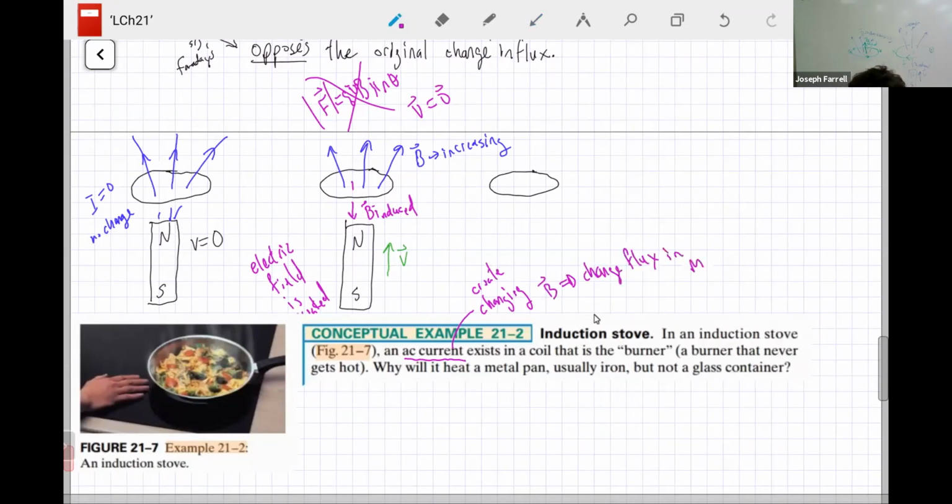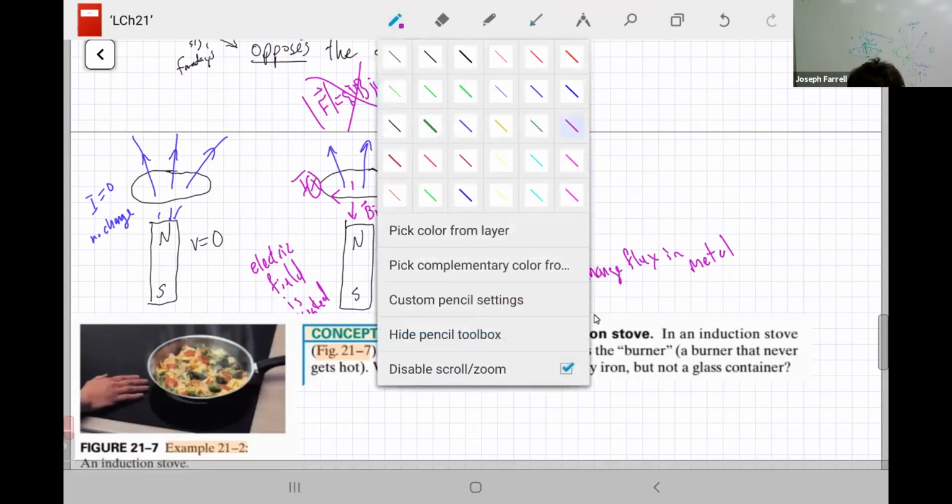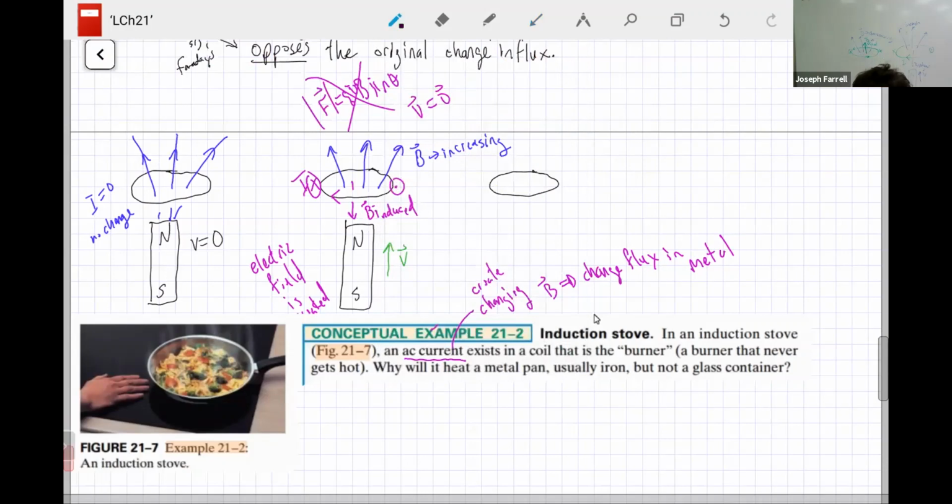in the metal. So this metal here, you don't necessarily have to have a wire or loop. Actually, I should put the direction of the current here. For us, it was very simple to think about a little current going around in the loop. But you still get these same effects, even if it's not a wire loop, even if it's a piece of metal. So change in flux inside metal creates something called eddy currents.